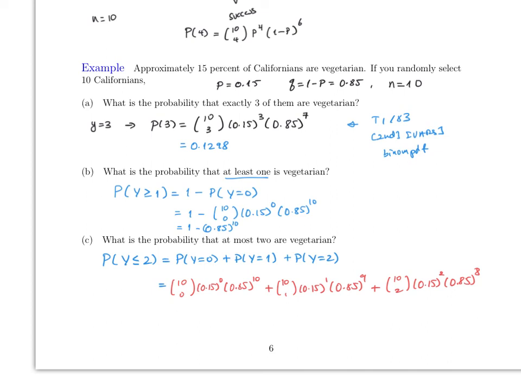Now, since the binomial distribution is also a random variable, it also has a mean, a variance, and a standard deviation. But for the binomial, it's pretty easy to compute, as you will see on the next page.